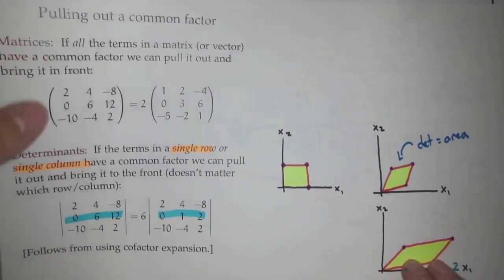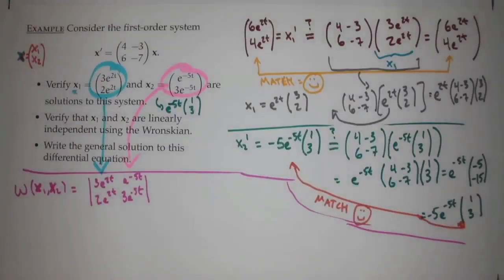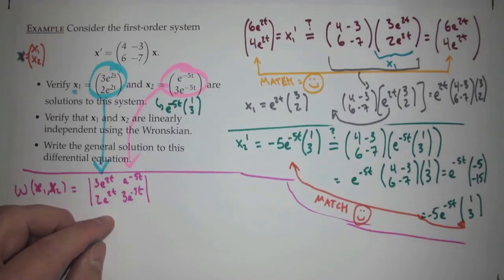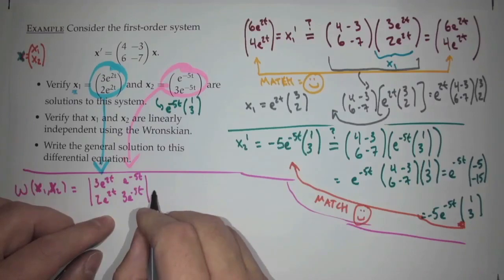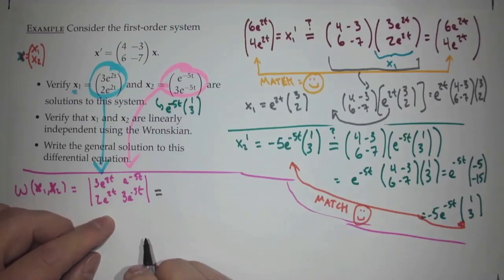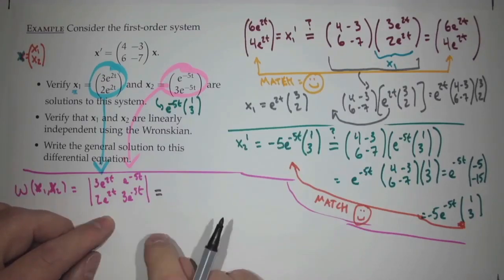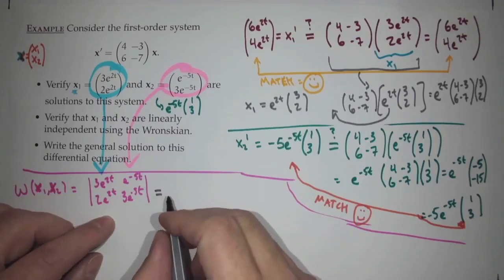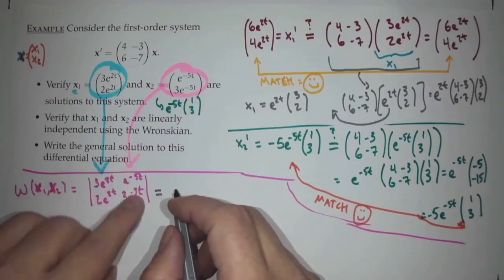All right, back to what we're talking about. Before I take this determinant, let's pull out anything that we can to simplify our process. Is there anything in a row or a column that's common? Okay, so the columns have things in common.